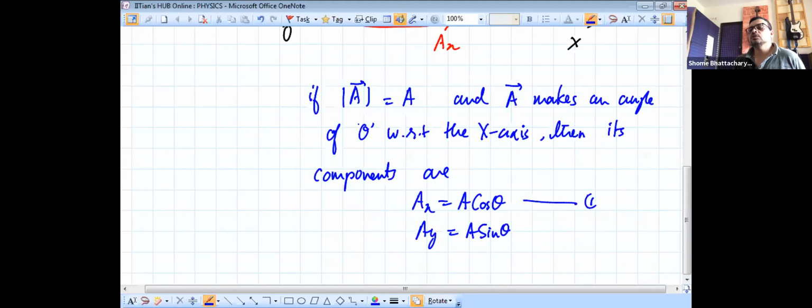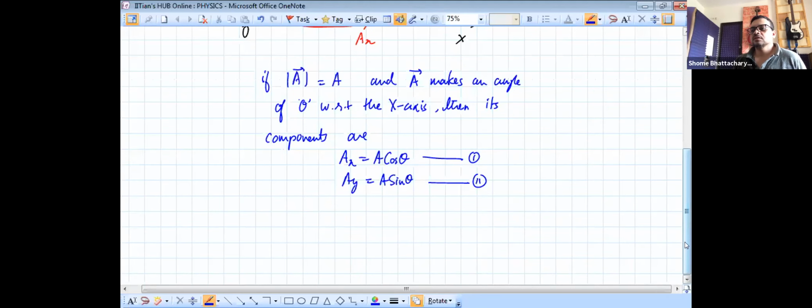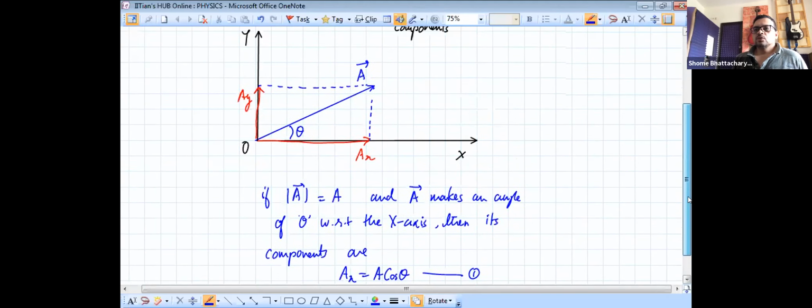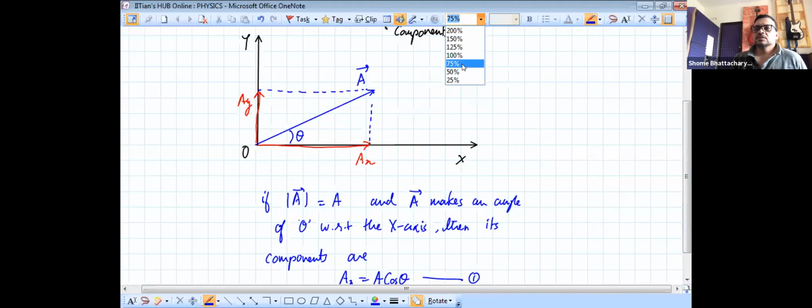Okay, so these were the two equations which give us the components of the vector. This is something that we looked at last time. So we'll continue with more analysis about this kind of thing today.